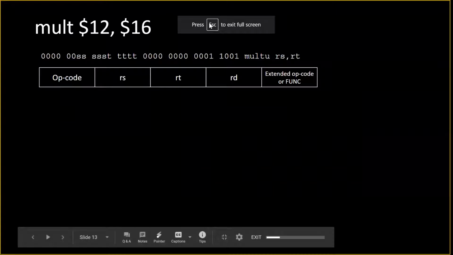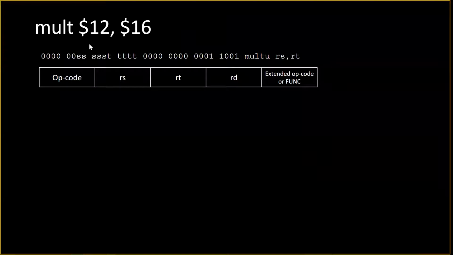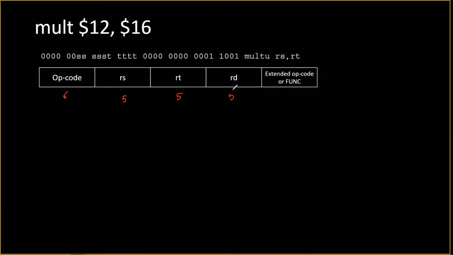So the process is exactly the same. Again, the first thing, let's say you identify that's the R format, you find it from the table. So this is the pattern that you have to follow. And again, here we said that 6, these are 5 bits each, and then the last one is the extended opcode, and that was 11.